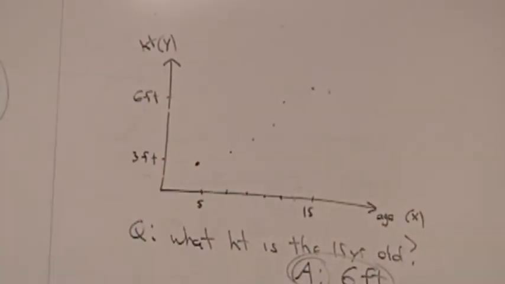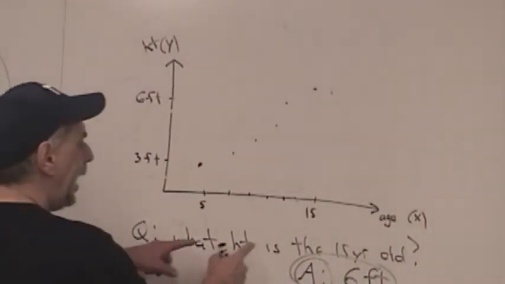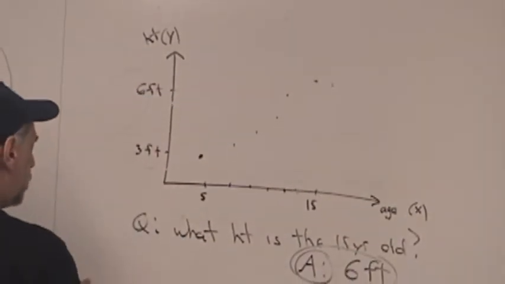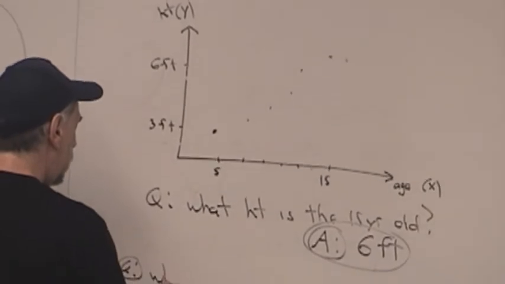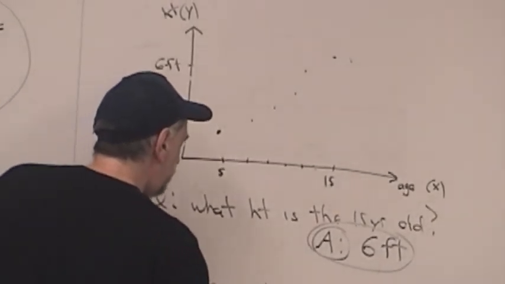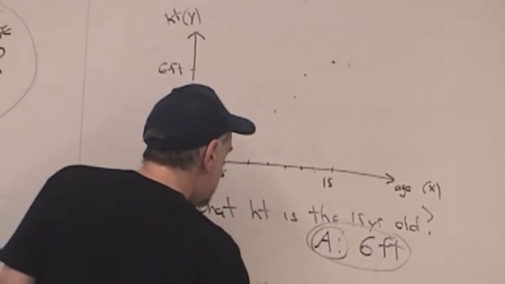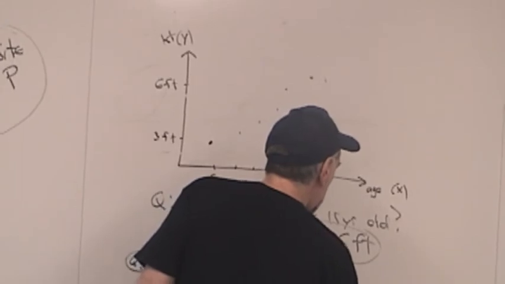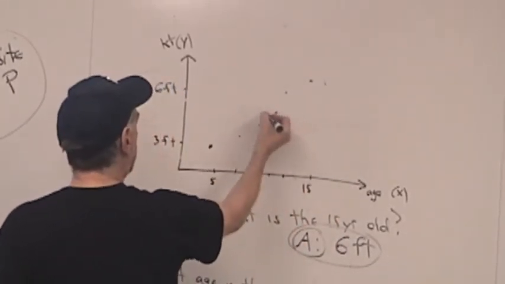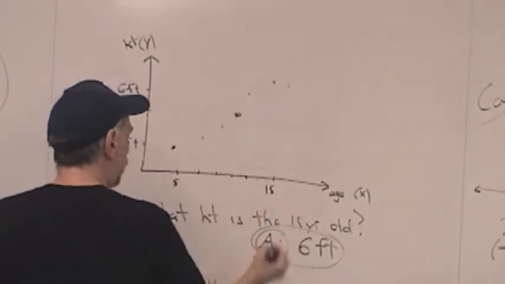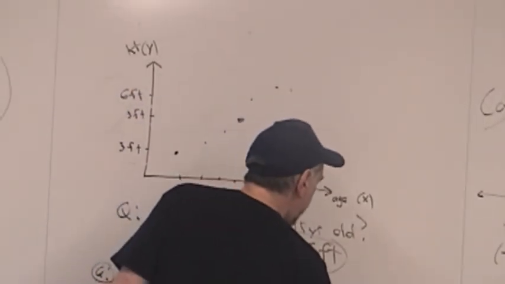Now this can be asked either way, right? Here the question gave you an x value and asked for the y. The question can also be put the other way. What age is the person with a height of, oh, let's say this one here, looks like about 5 feet? So we'll say what age is the person with a height of 5 feet?